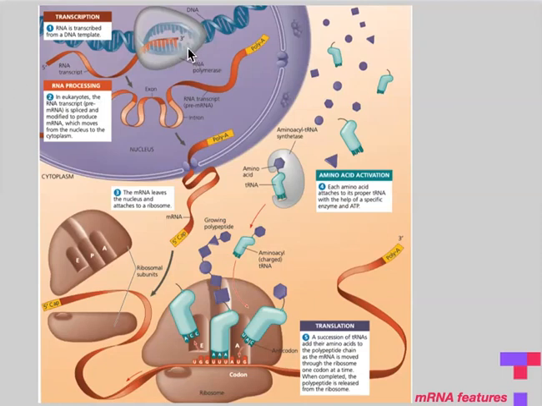Okay, so once again, RNA polymerase will bind to the template strand of DNA, and then as it reads that template strand, it transcribes that sequence into an RNA transcript. As you can see, this RNA transcript is formed from the 5' end to the 3' end.